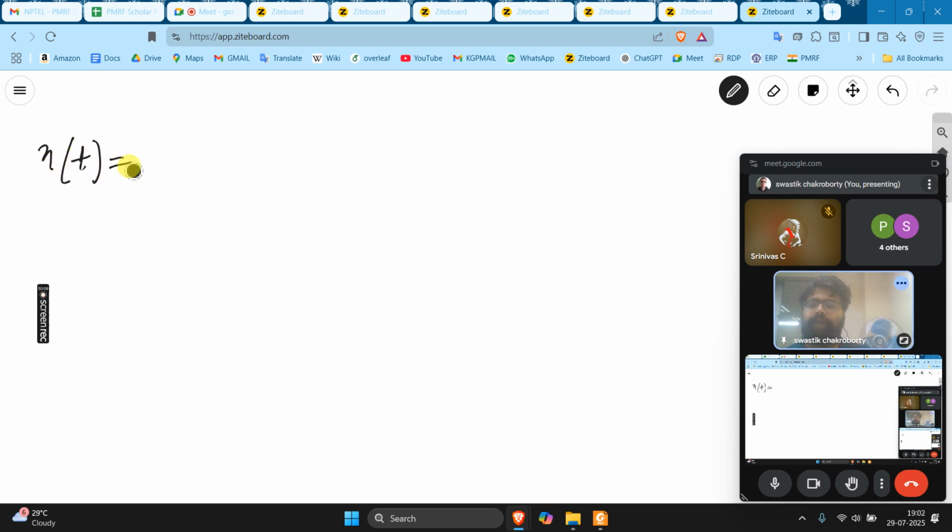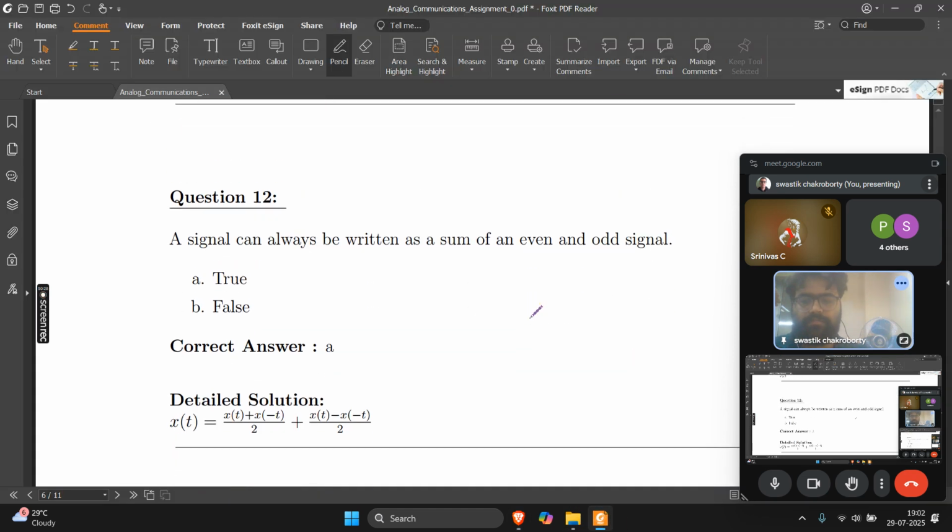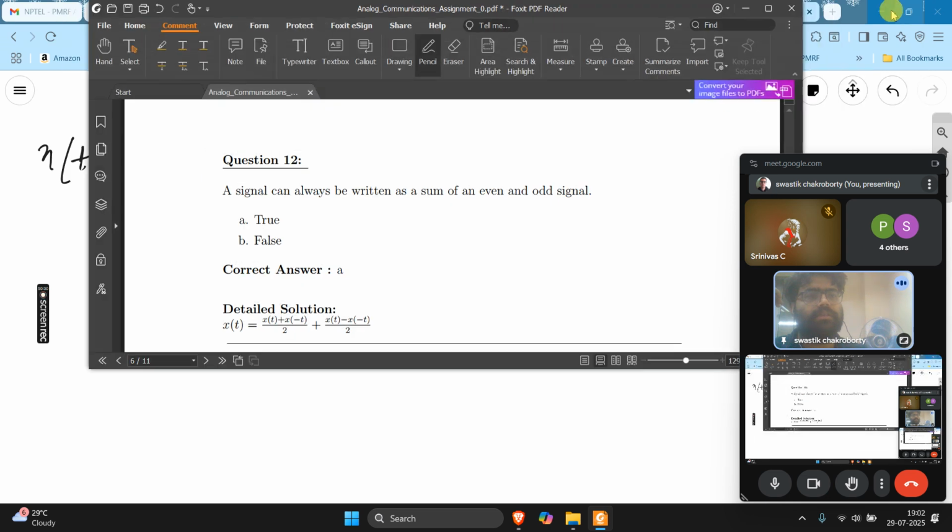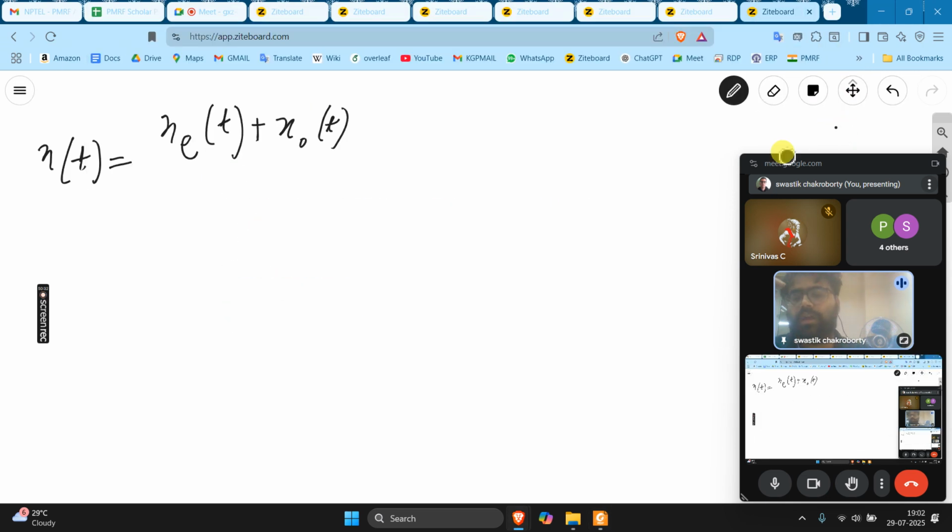Like x(t), you can write it as x_e(t) plus x_o(t), by 2, let's see, rather x_e(t), x_o(t). So here, if this is true, we have to verify whether this is true or not.